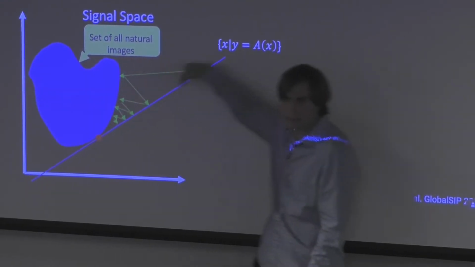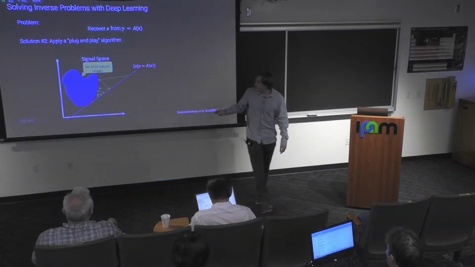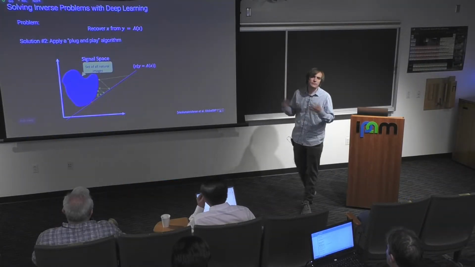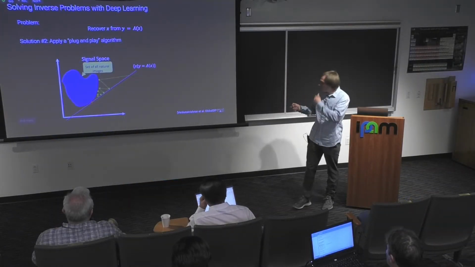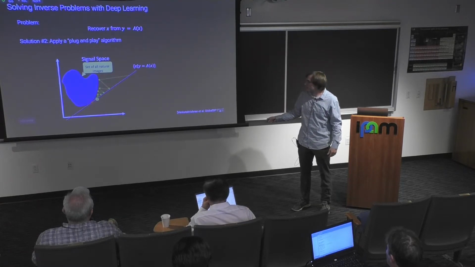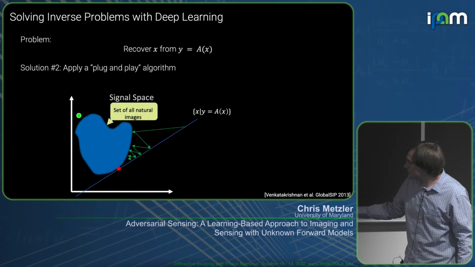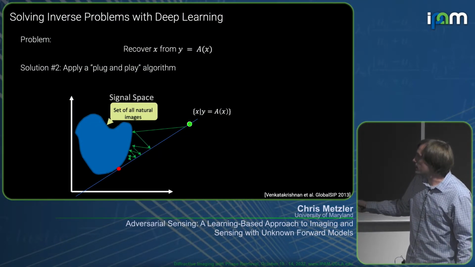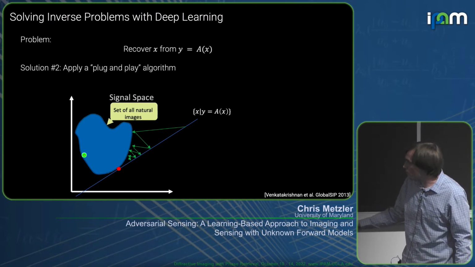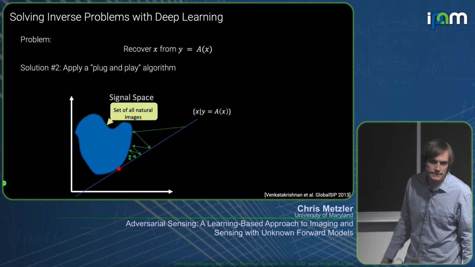This defines a linear subspace. And then we have the set of all natural images, natural MRIs, natural what have you. And we're interested in finding the intersection of those sets. What is the signal that is consistent with the measurements, which is to say, where do that set and that set intersect?